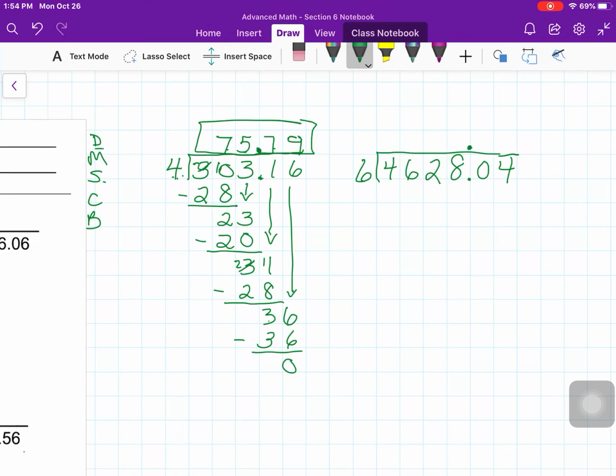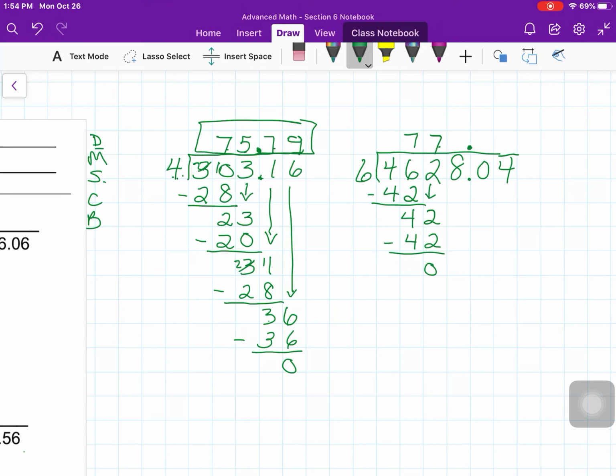6 goes into 46 7 times, and 7 times 6 is 42. We subtract, and we get 4. 6 minus 2 is 4. We check to make sure 4 is smaller than 6. We bring down our 2, and then 6 goes into 42 7 times, and 7 times 6 is 42.